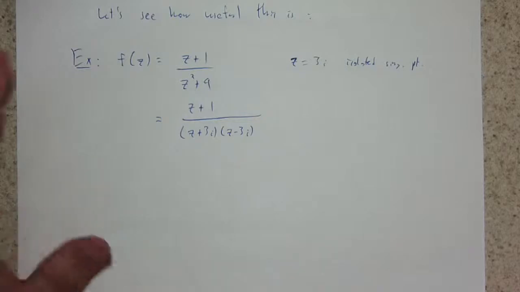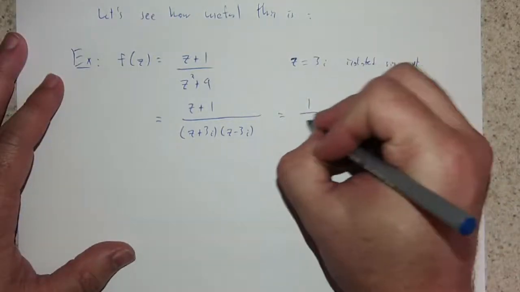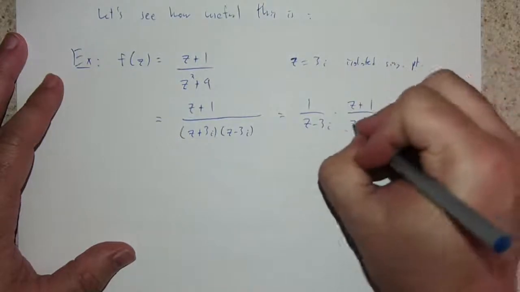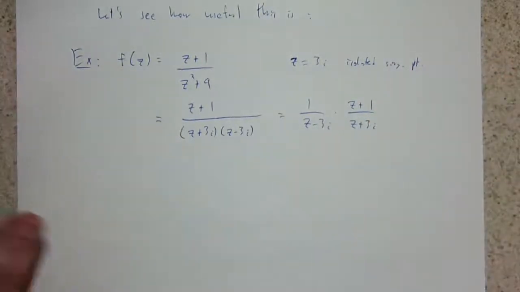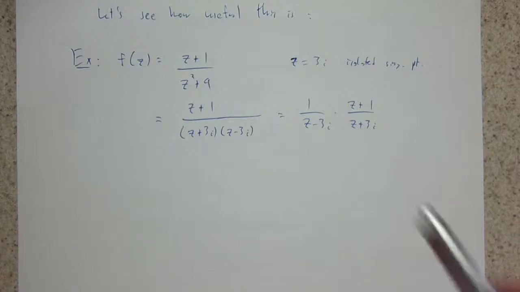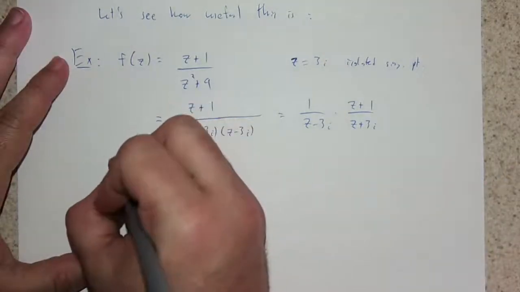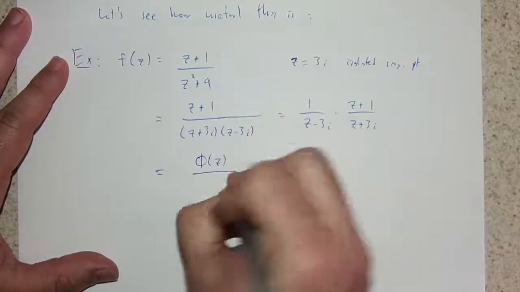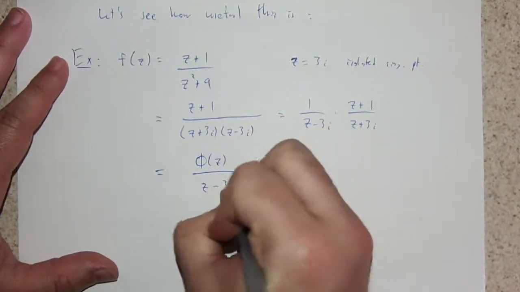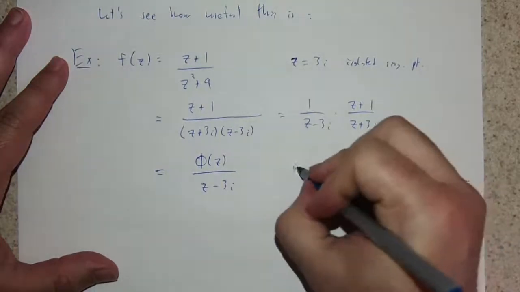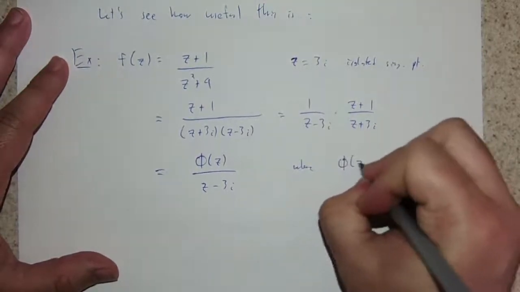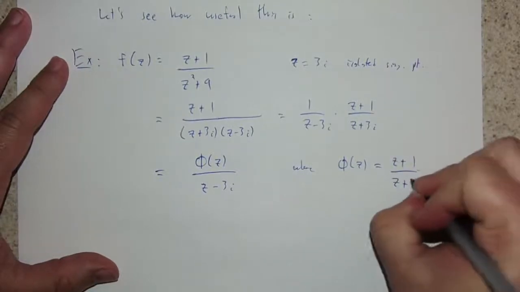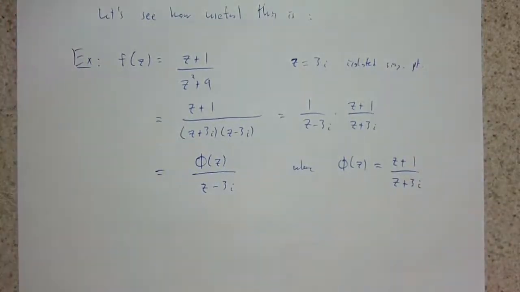So this is 1 over z minus 3i times z plus 1 over z plus 3i. And so I can rewrite this as phi of z over z minus 3i, where phi of z is this thing.